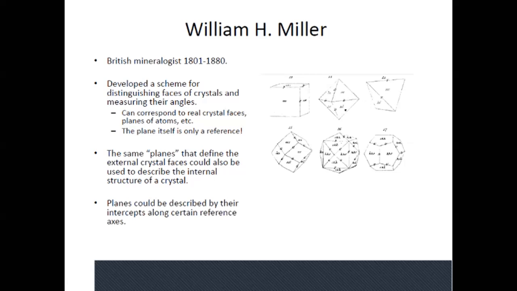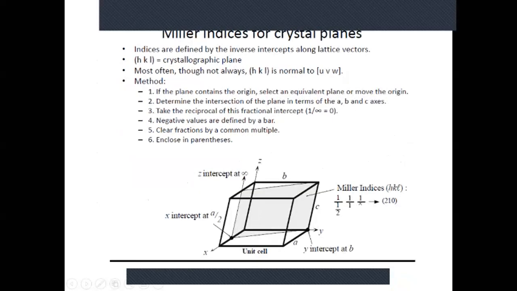So for example, if it only intersects the x-axis, it's a particular plane. If it only intersects the y-axis, it's a particular plane as well. What we call these are Miller indices of crystal planes, referred to as the HKL values.